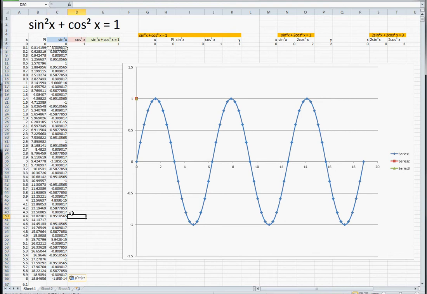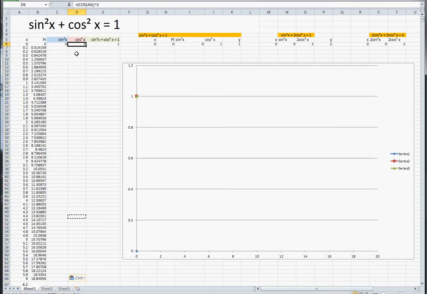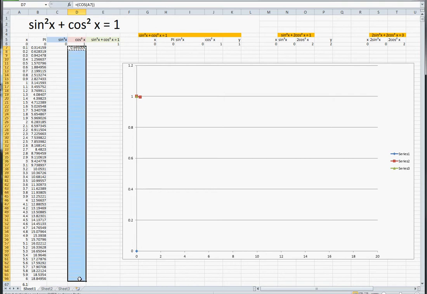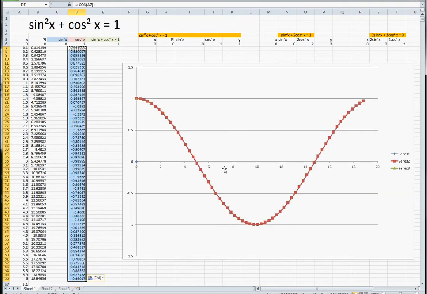So get rid of that one. Let's show the cosine without the square. That's the look. It's red.